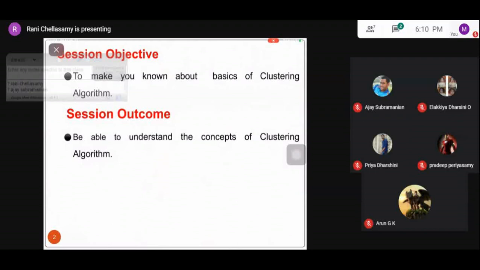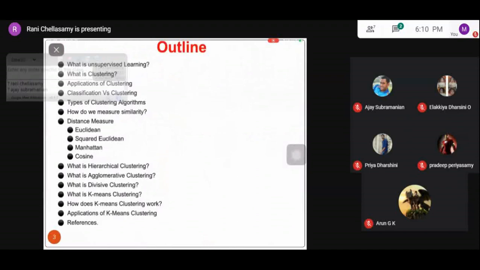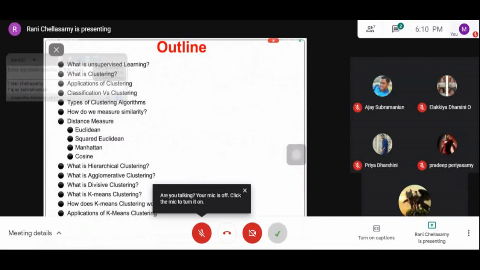Let's see what is meant by unsupervised learning algorithm, and under the unsupervised learning algorithm, one such classification is clustering, and the other is association rule mining. Yesterday we saw all about association rule mining.